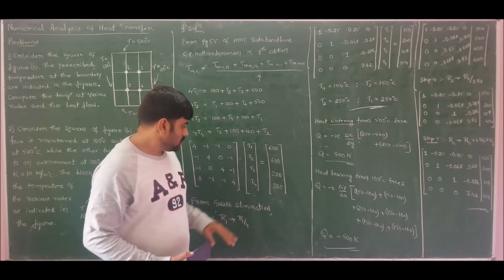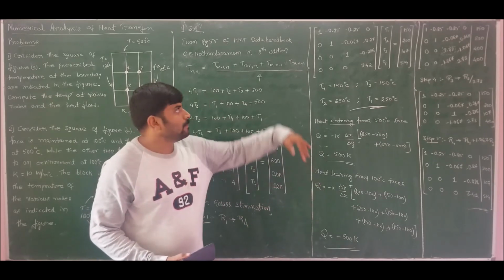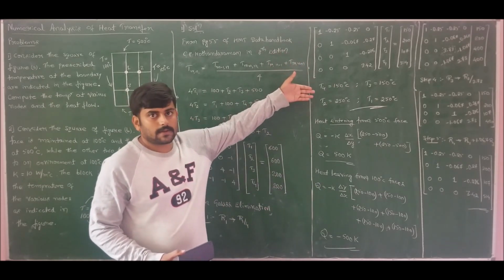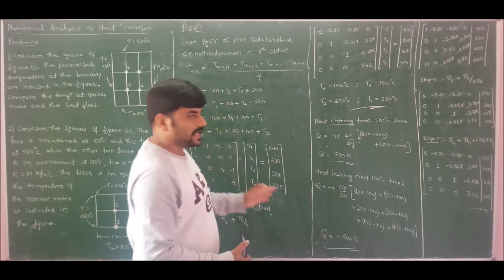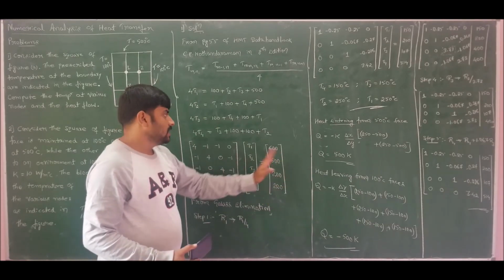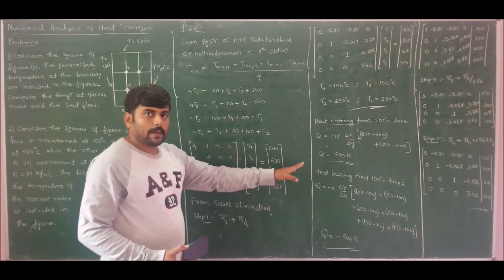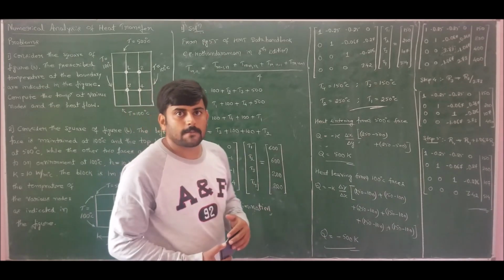I have used the Gauss elimination method, which is forward elimination and backward substitution. You can also use Gauss-Seidel, Gauss-Jordan, or just the matrix inversion technique. Invert this matrix, find A inverse, and multiplying it with B, you will get the value of X, that is the temperature at nodal points.